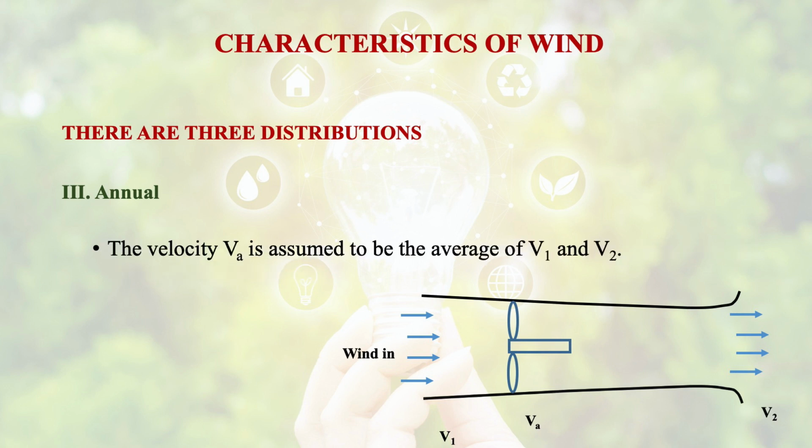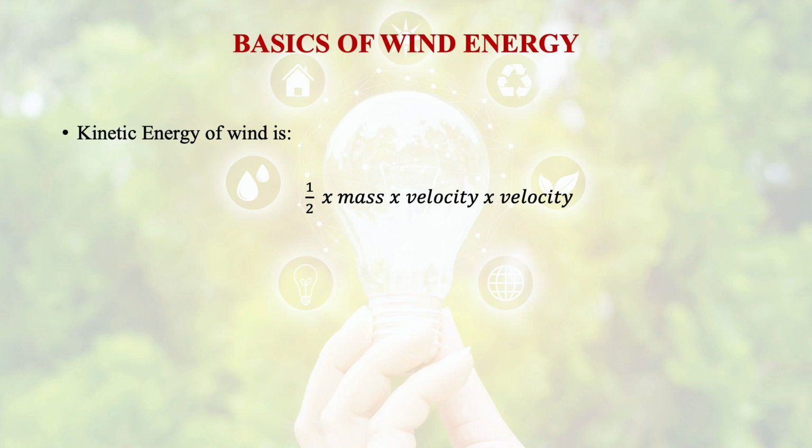If the inlet velocity of the wind is V1 and outlet velocity is V2, and let us assume that V is the average velocity, that is the average of V1 and V2, the kinetic energy at the mouth of the tube or duct will be given by kinetic energy is 1/2 mv squared, that is 1/2 mass into velocity squared, and the change in kinetic energy will be 1/2 m v1 squared, that is the initial velocity, minus 1/2 m v2 squared, that is the final velocity, the velocity when the wind is outside the duct.